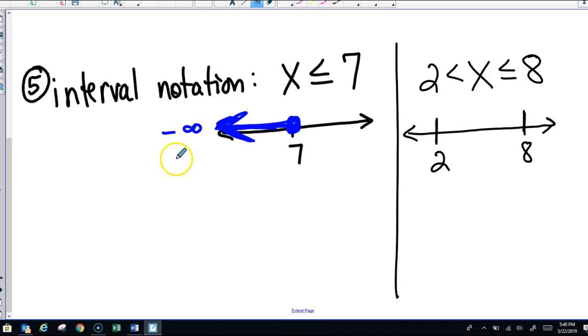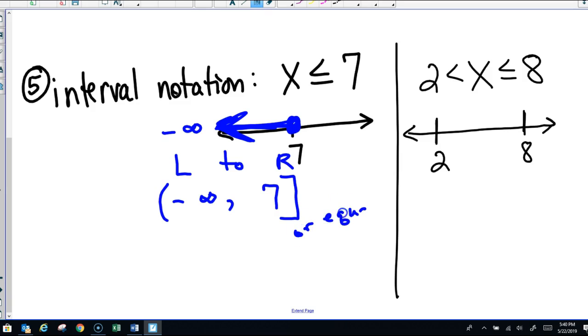The interval notation then names this interval, this section, from left to right, from smaller to larger. Parentheses always go with an infinity or negative infinity, and then a comma, and then on the right, we're going through 7, and since it can be equal to it, we have the bracket. And that's your actual interval notation.